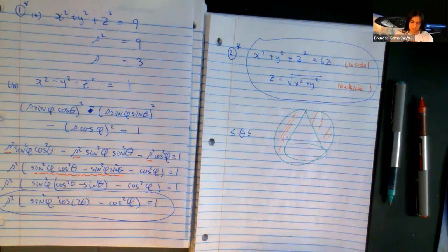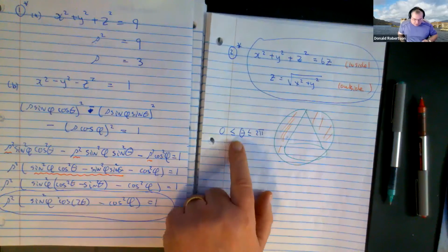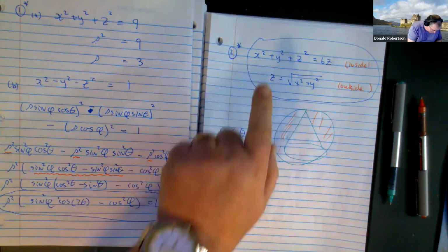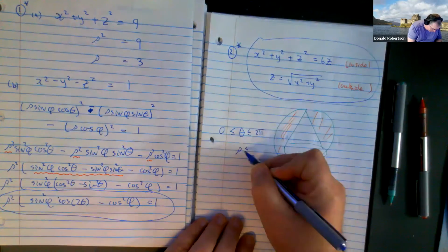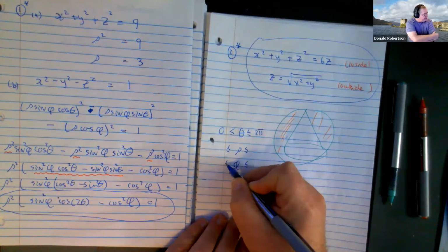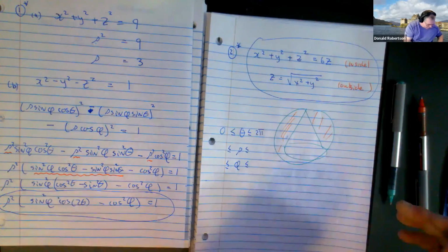Right. As long as it's a whole sphere that's had bits cut out of it, that's true. They only want us to find the range in rho and the range in phi.